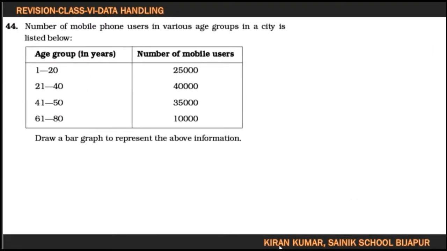Question 44. Number of mobile phone users in various age groups in a city is listed below. Draw the bar graph to represent the given information. Here we need to be very careful in choosing the scale because the number of mobile users, they are larger in number.